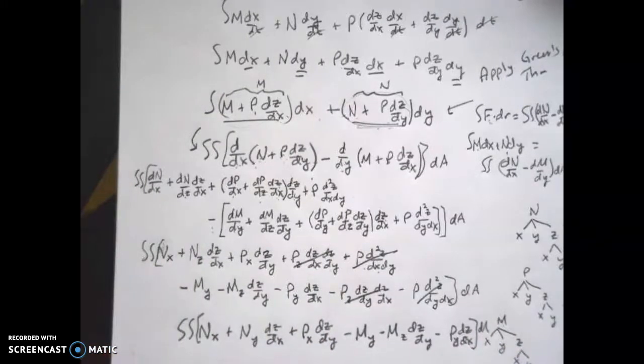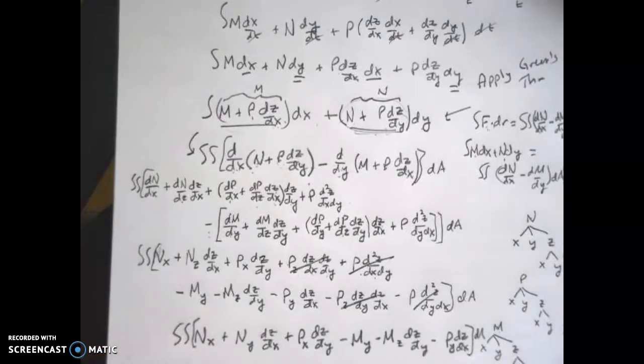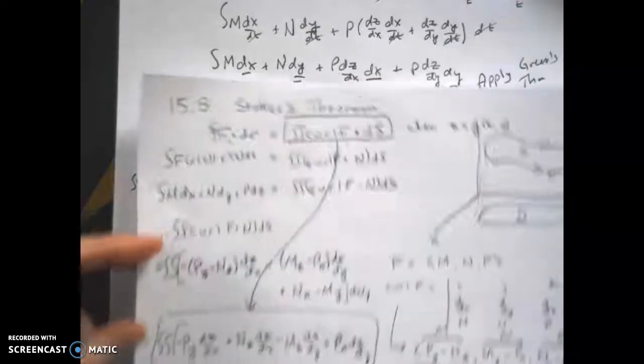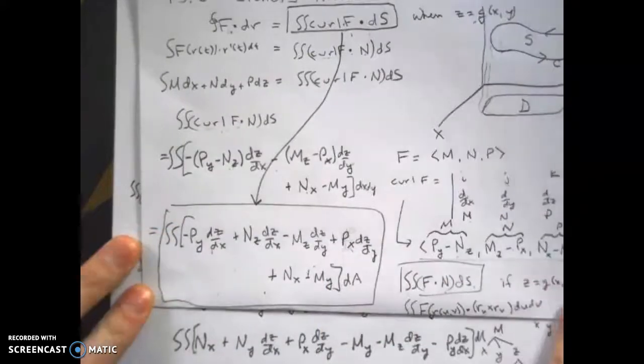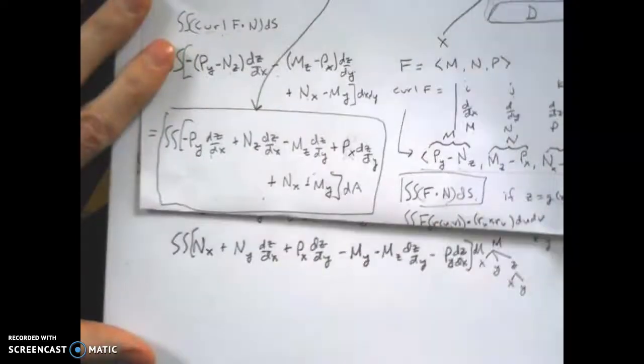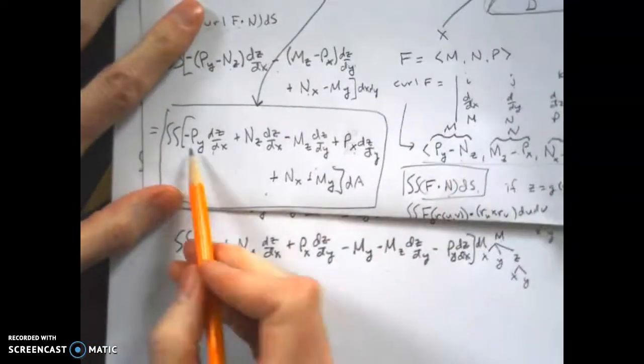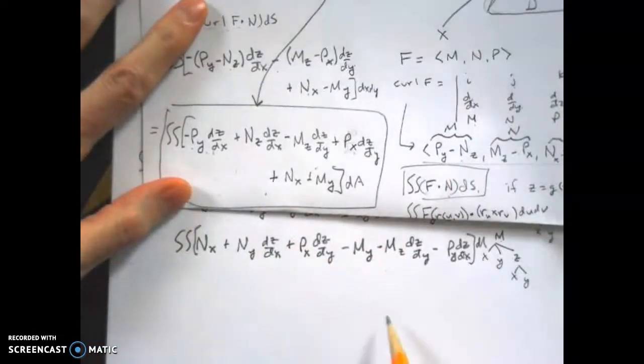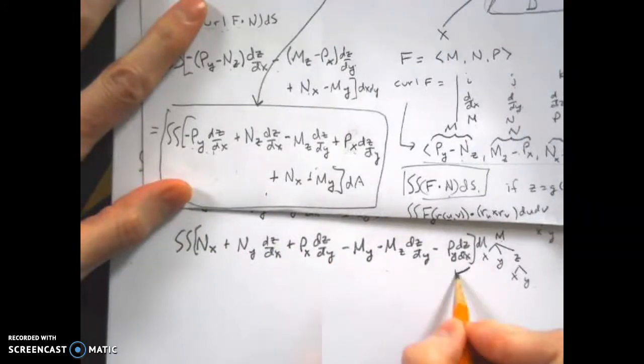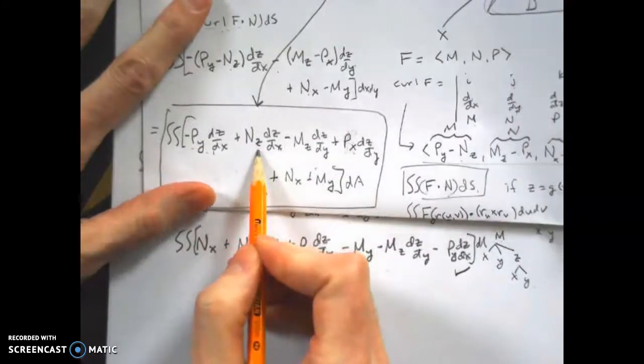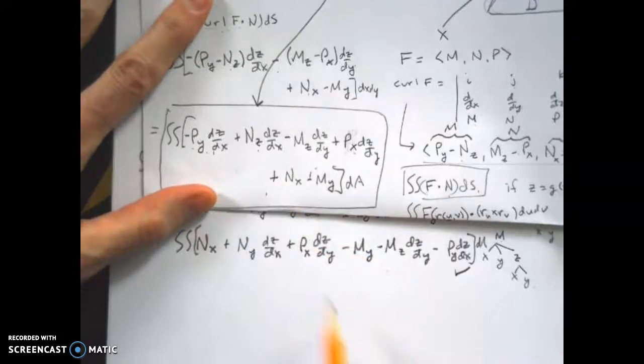Okay, and let's compare this to what we just had on the other page, which was this right here. Maybe if I float this down, we can compare the two. Okay, so minus dp dy dz dx, plus dn dz dz dx.